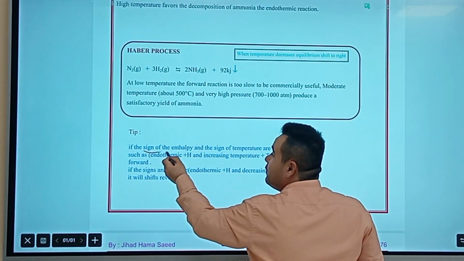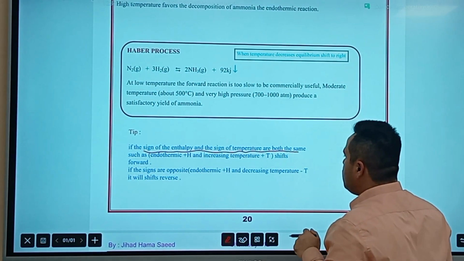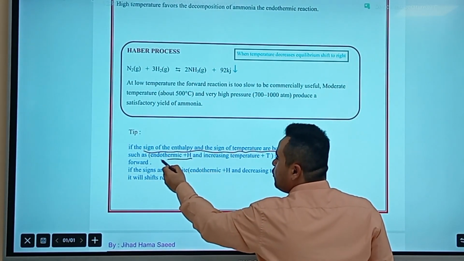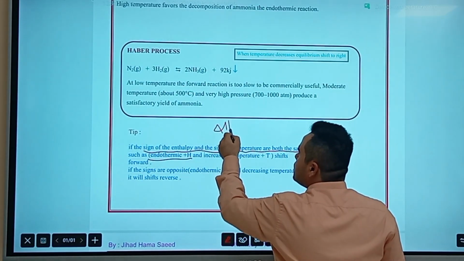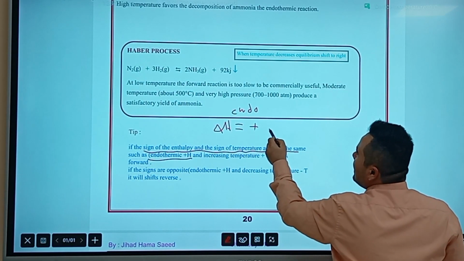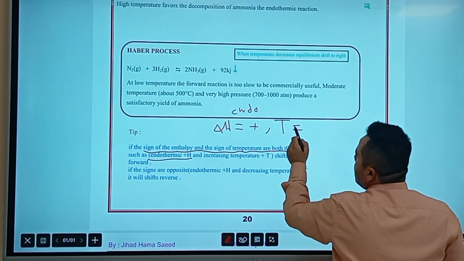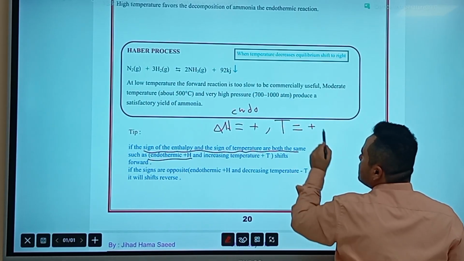If the sign of the enthalpy and the sign of temperature are both the same, we mean what? For example, an endothermic reaction, which is delta H positive for endo, and increasing temperature can be represented by positive.